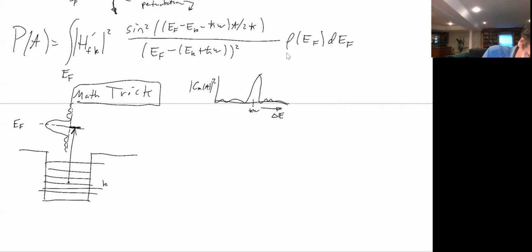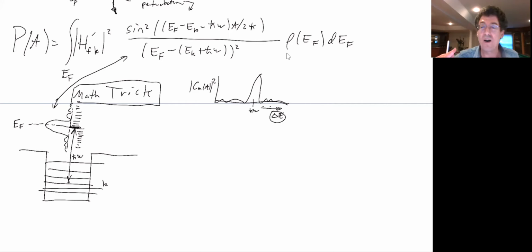And so there are going to be all these states everywhere, but in the integral is this function. It's the same function, and it looks like this. Because this is my final state, if this distance is h bar omega, then as soon as my delta E deviates from h bar omega, the function gets really small.